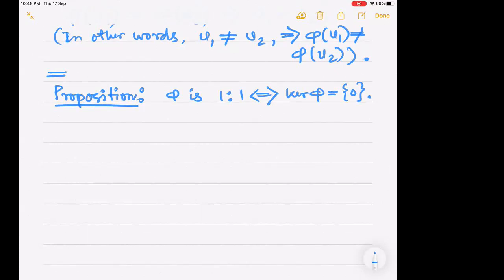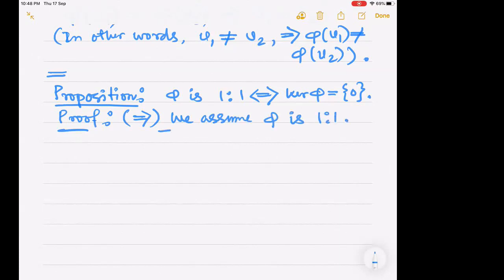How do you prove this? In fact, the proof is very simple. So first, this direction, which means we assume phi is one-to-one, we have to show that kernel phi is equal to 0.